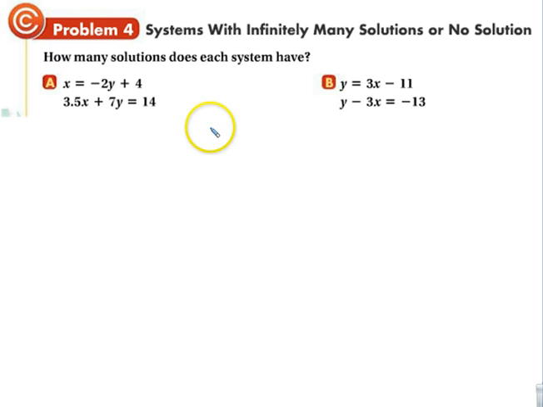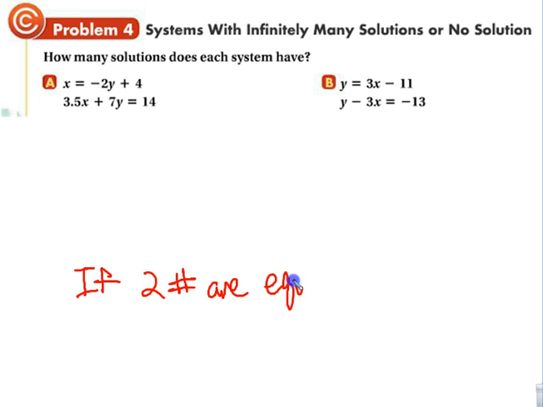Now we've got systems with many solutions and no solutions. Remember, if the 2 numbers are equal, for instance 4 equals 4, then it's all numbers.